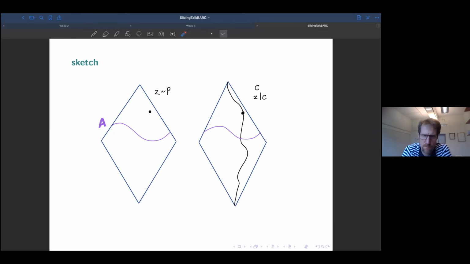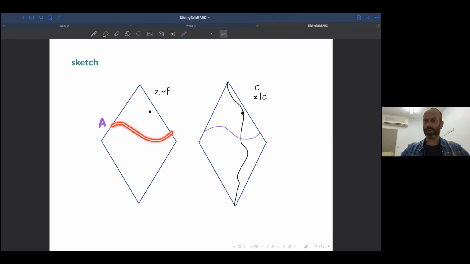We choose a random point from the distribution, and our goal is to prove that this random point lands on the antichain with small probability. This is the experiment we want to understand. So we want to prove that the chance of hitting this purple antichain is small.